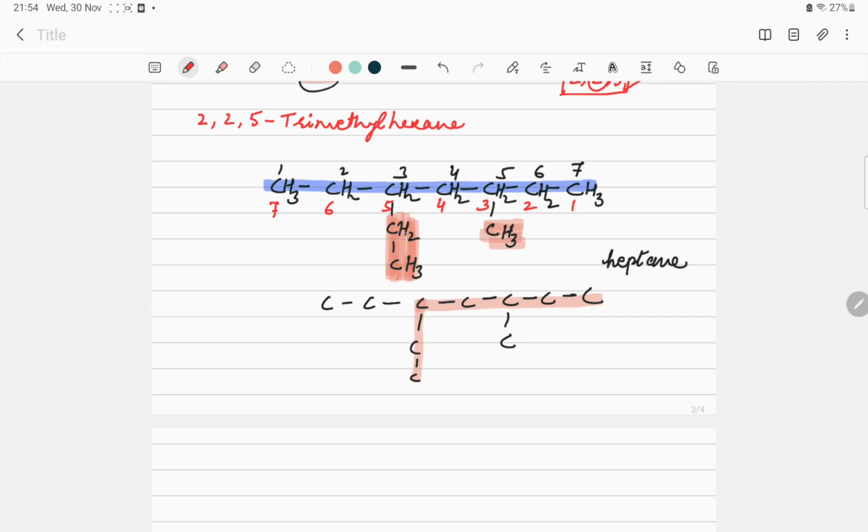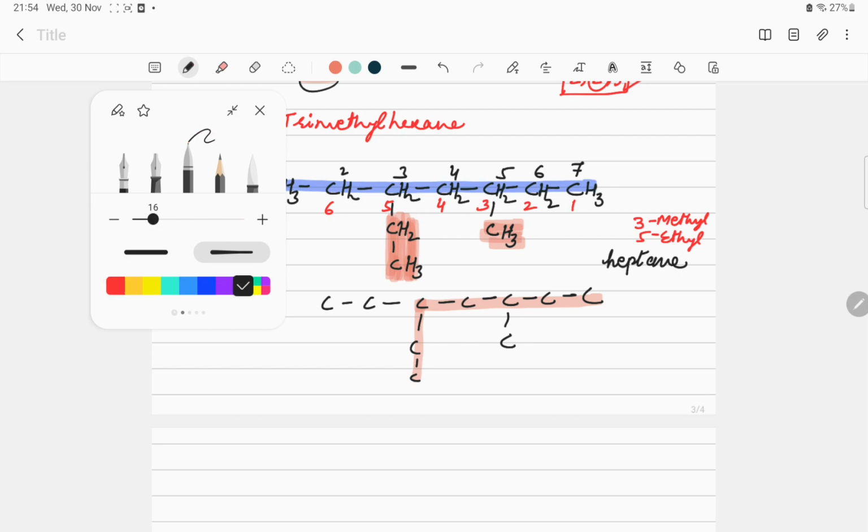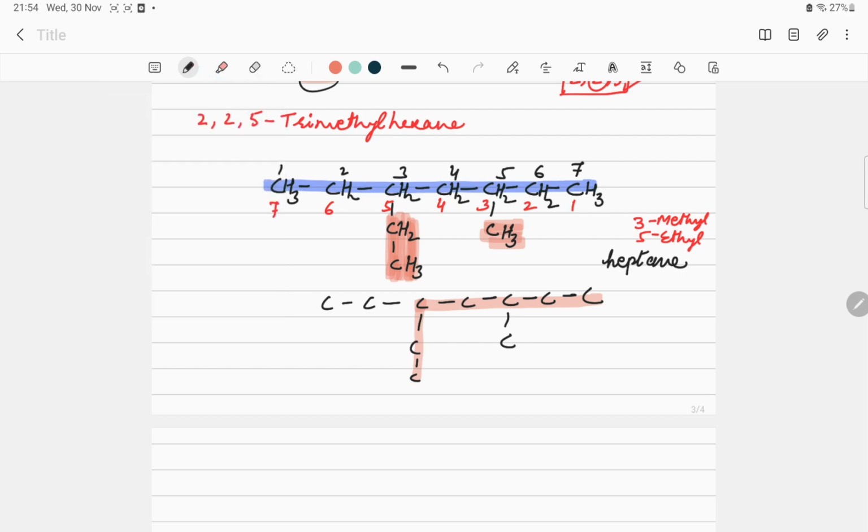So methyl is at number 3 and ethyl is at number 5. So we are getting two sets. One is methyl at 3 and ethyl at 5. The other set is 3-ethyl, 5-methyl. You can see that in both cases the set of locants is the same, 3 and 5. It's not different.